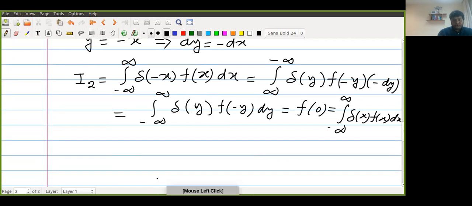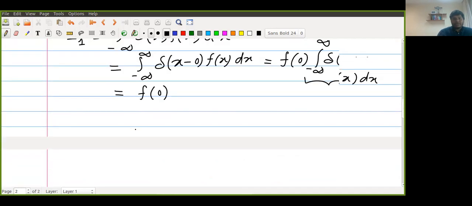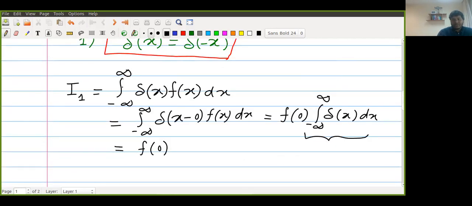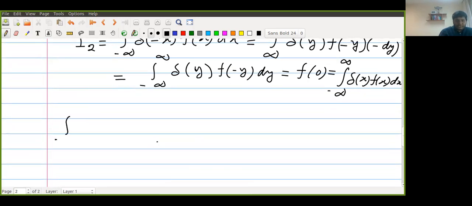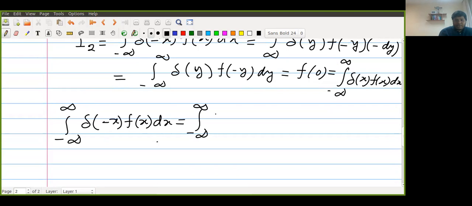Okay, so going back, when I defined this I1 function, it was minus infinity to plus infinity of delta of x f of x dx, and I got f of 0. I get the same thing from here also. So we can write that the integral from minus infinity to plus infinity of delta of minus x f of x dx equals the integral from minus infinity to plus infinity of delta of x f of x dx.